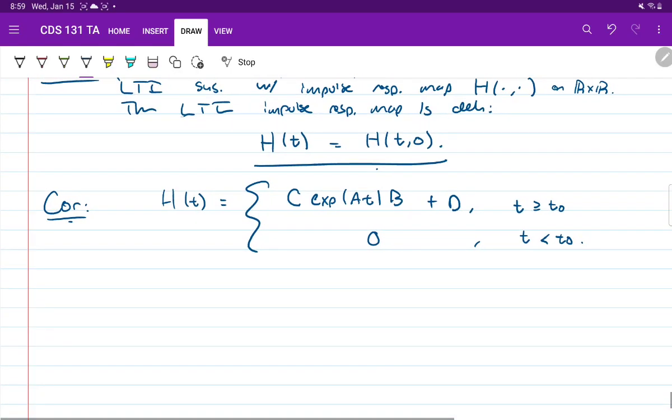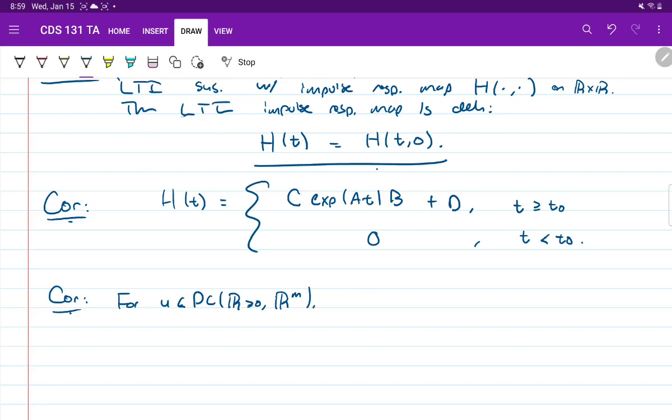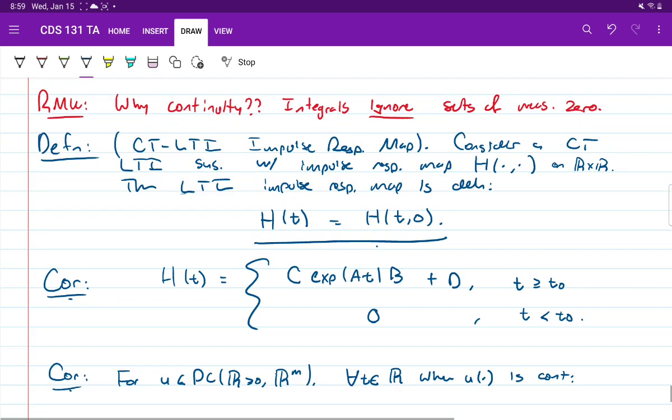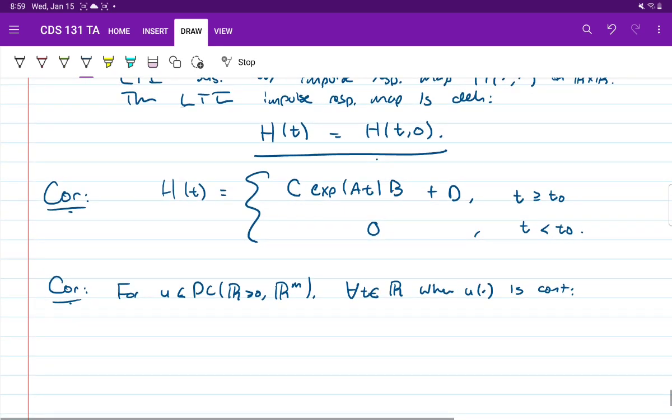Another corollary of what we derived above is that for a signal u piecewise continuous, for all t in R where u is continuous, the zero state response can be computed via convolution of this LTI impulse response and the input signal.